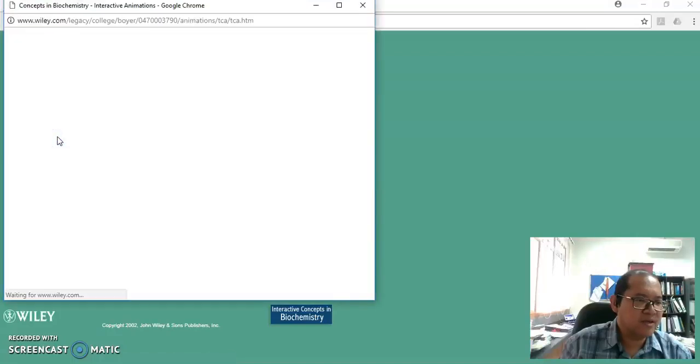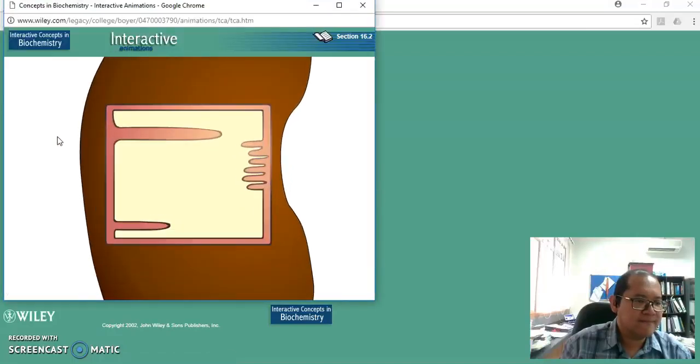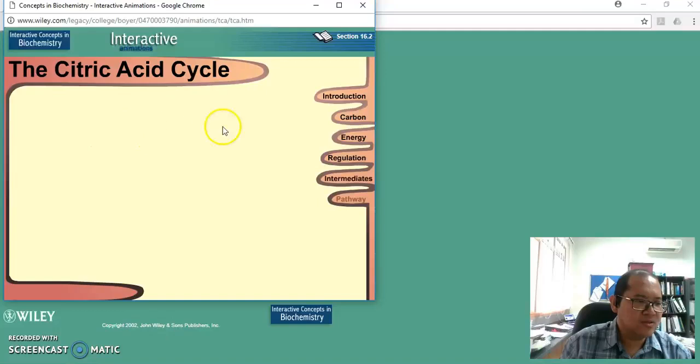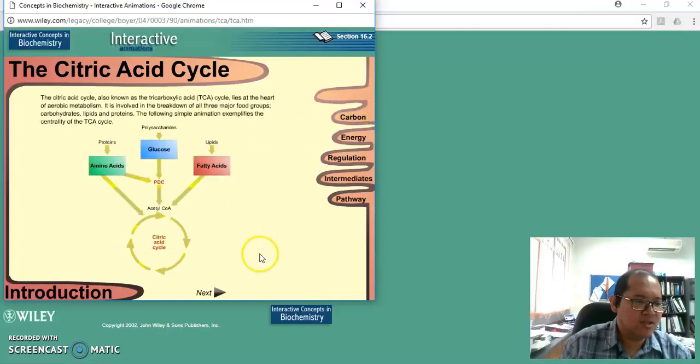This is the Krebs cycle. So the citric acid cycle, a little bit on the introduction. So you know the citric acid cycle basically will receive acetyl-CoA or some of the components which are intermediates from other biomolecules such as amino acids, apart from going through the PDC in the form of pyruvate.